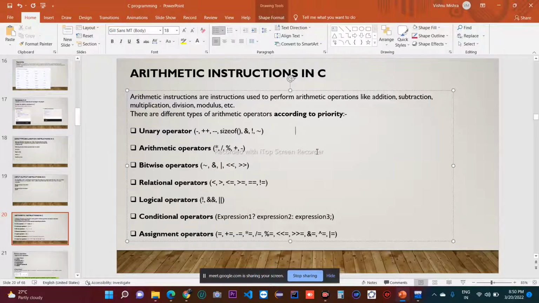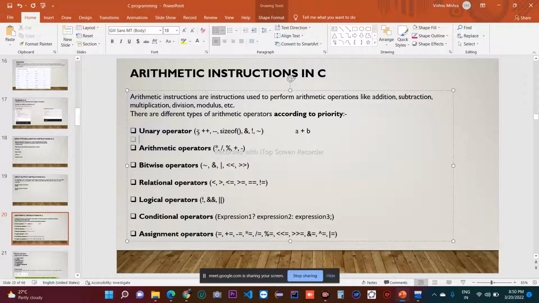What are operator and operands? A very basic example I am giving you. For example, a plus b. A and b are called operands, and this plus is called operator.